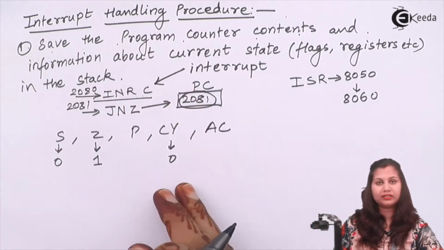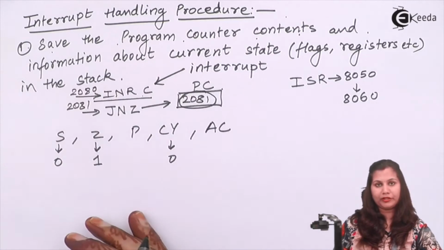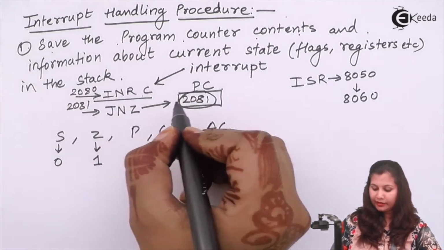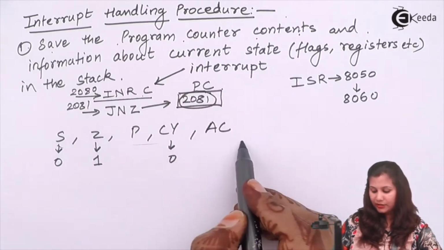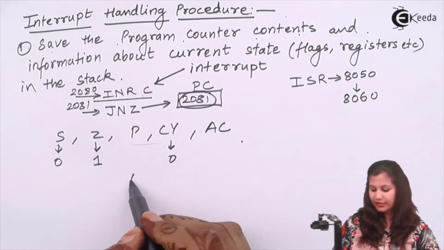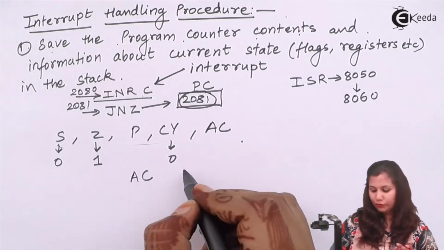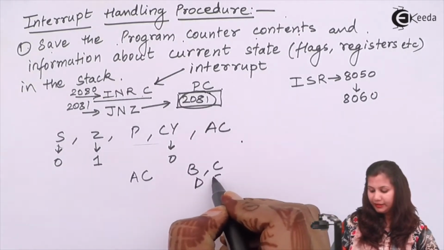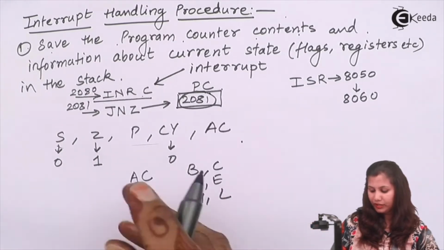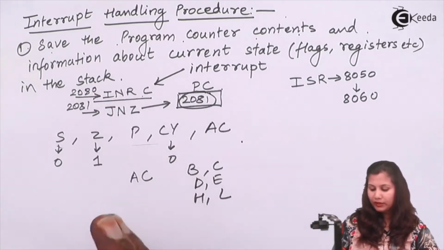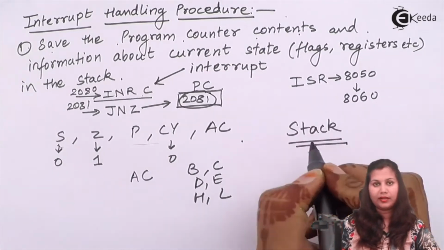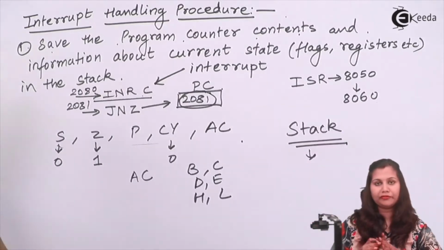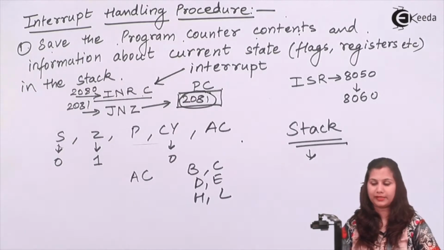So for resuming the operation of the microprocessor, the address of the next instruction in the program counter, the status of the flags and the registers, like the accumulator, B, C, D, E, H, L, whatever the contents of these registers, all are stored in the stack. And what is the stack? It is a group of memory locations which stores temporary data for the microprocessor.